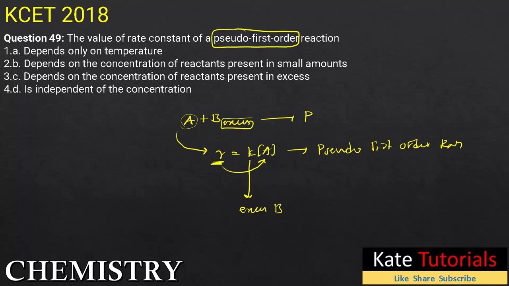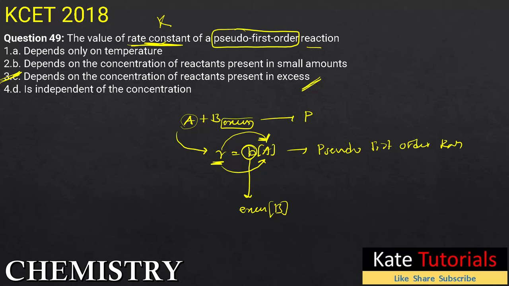They are asking about K, the rate constant of a pseudo first order reaction. You should remember that rate depends only upon the concentration of the reactant which is in limited or small quantity, but the rate constant, that is K, depends upon the concentration of the reactant which is in excess. So C, the third, is the option for question number 49.